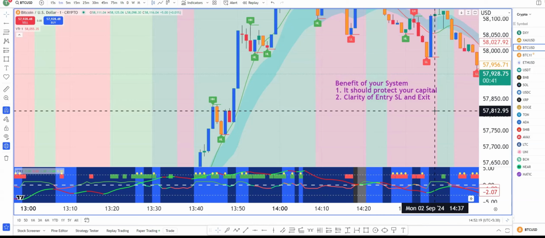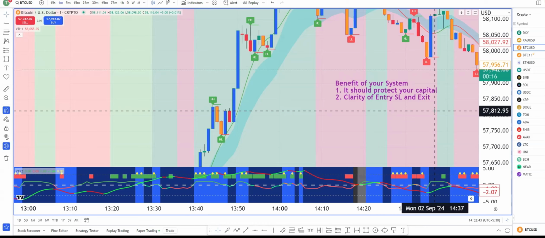Either it will hit your stop loss or it will give you profit. Only one of the 2 will happen. Correct? So your system should be capable of protecting your capital, and of giving you confident entry, stop loss level, and your targets.